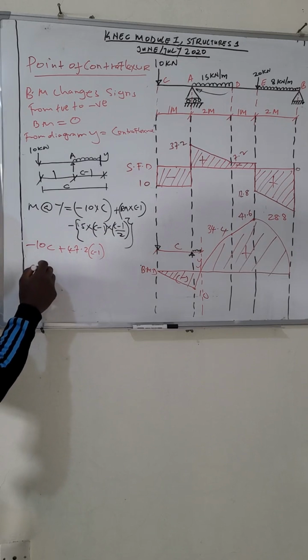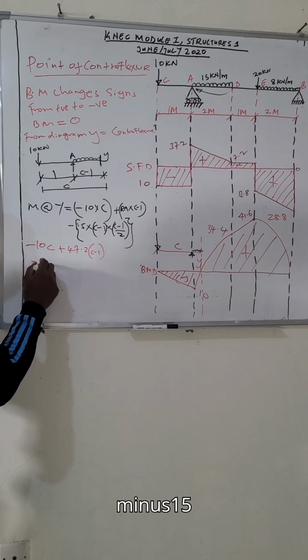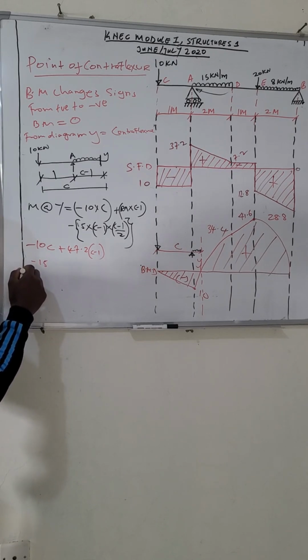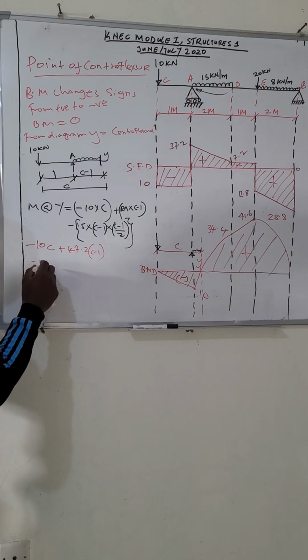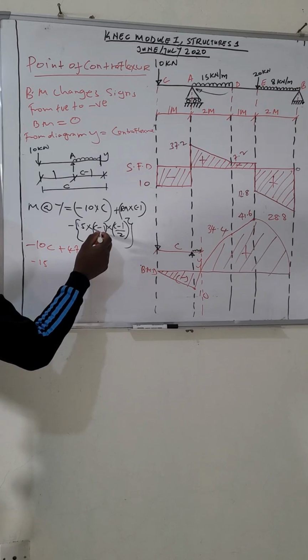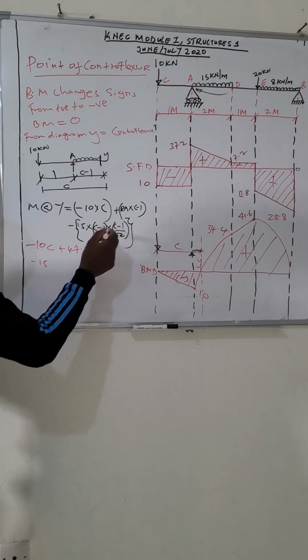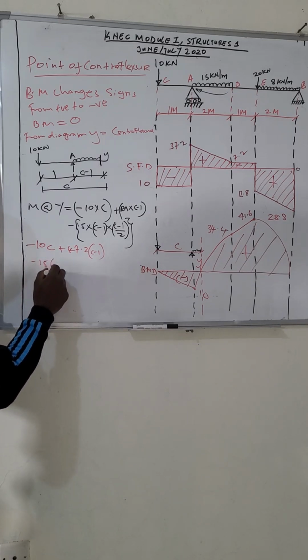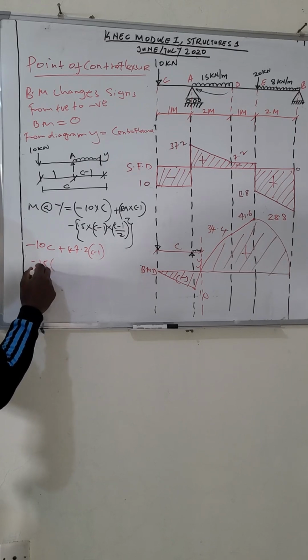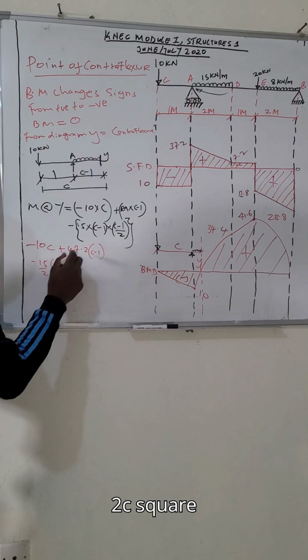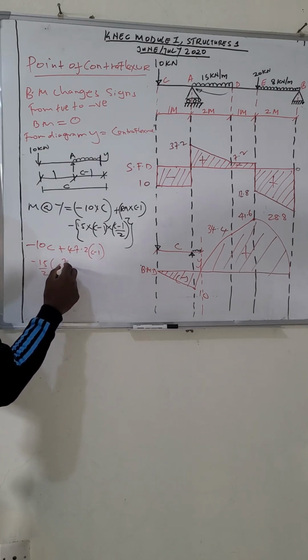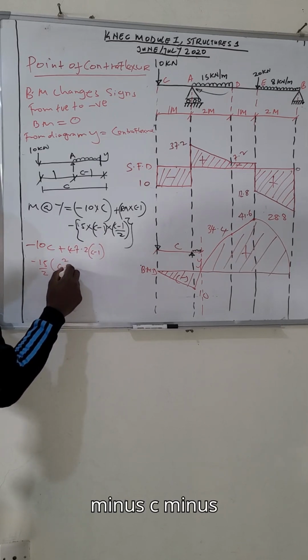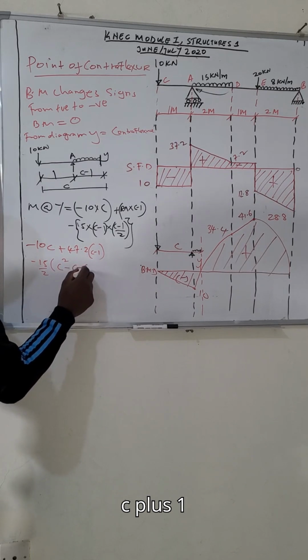Then minus 15 over 2 times, open this bracket, c square minus 2c plus 1.